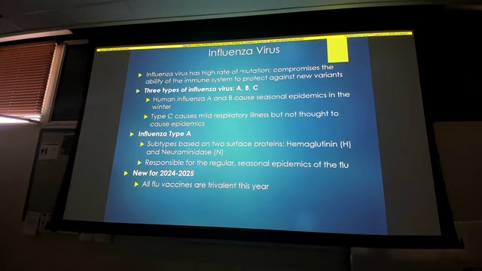So that's what we try to cover when we're doing our vaccines. We may not have every single strain that is infecting people that year, but we're going to have the most popular ones compounded in that medication. Out of the 3 types, we typically use type A and type B when we make our flu shot.